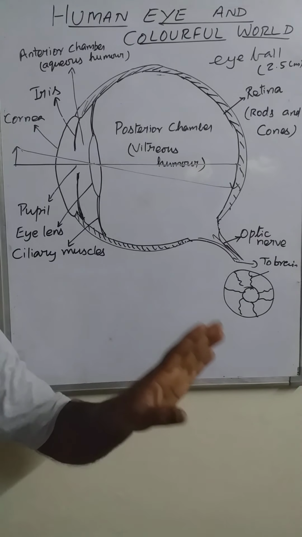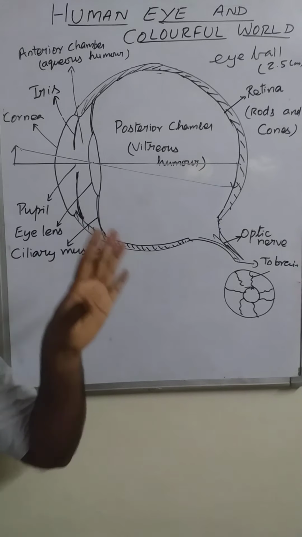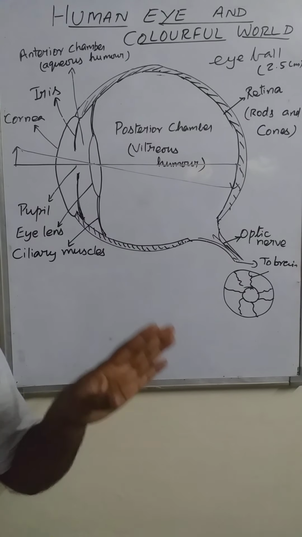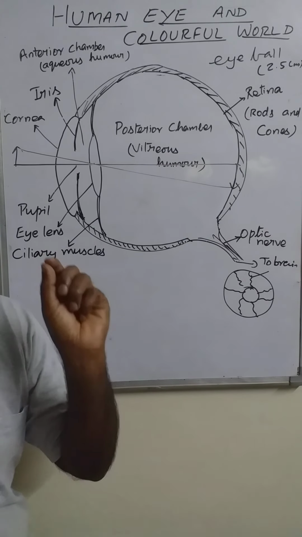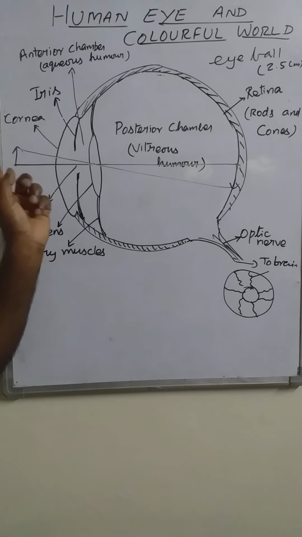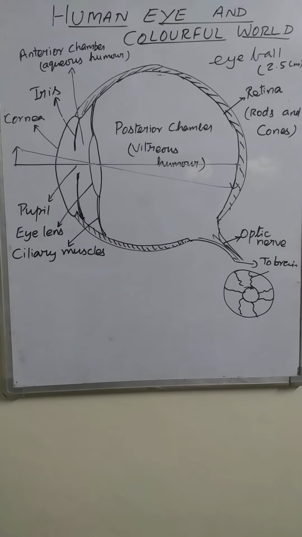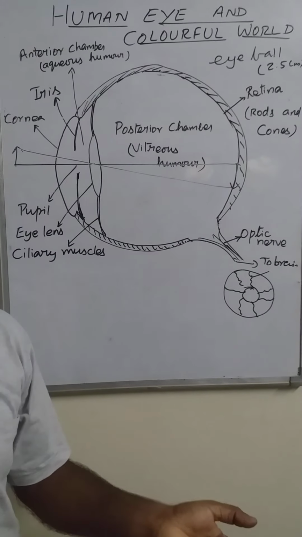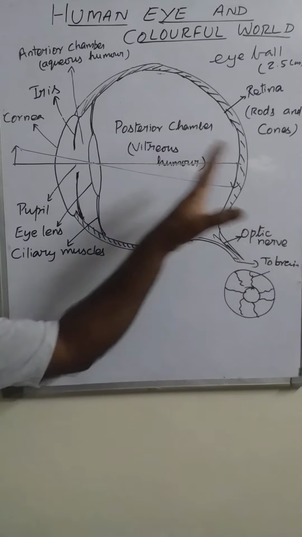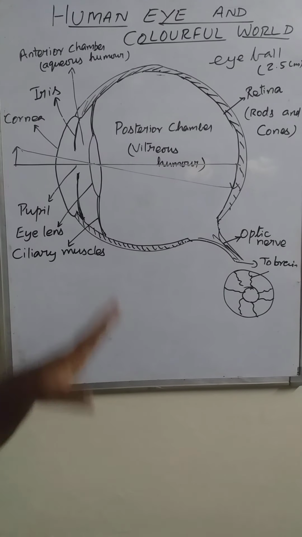After the complete analysis of this electrical impulse, it identifies the nature of the object placed in front of the person, and it gives the command to the corresponding part of the human body. In this way, we are able to find the object placed in front of us.